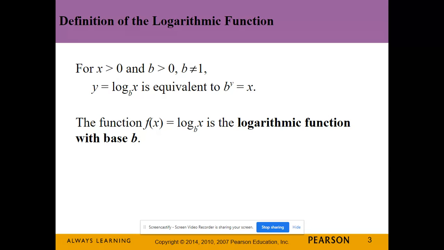The way that you would read this is the base b has an exponent of y that equals x. So when you say log base b of x, that's equivalent to the exponent that you put on b to get x, okay?